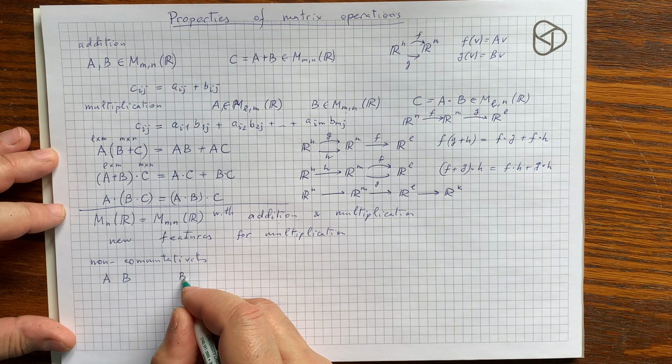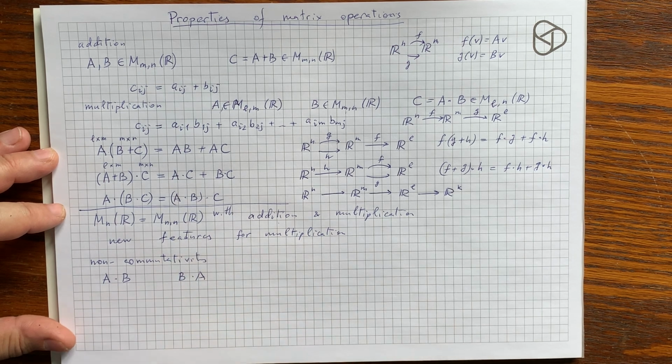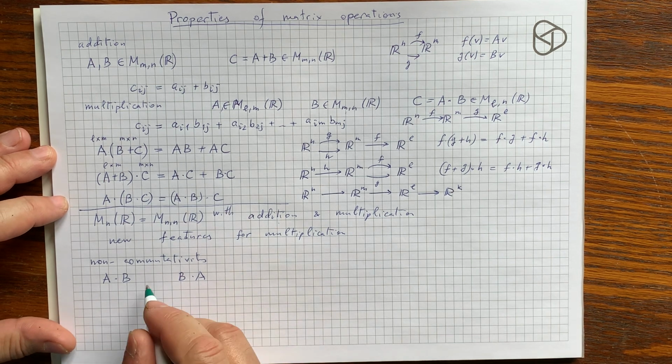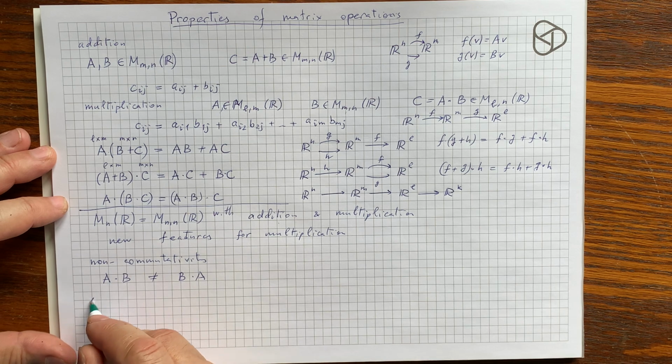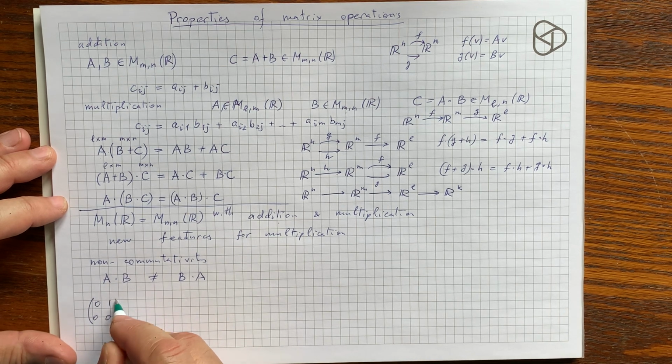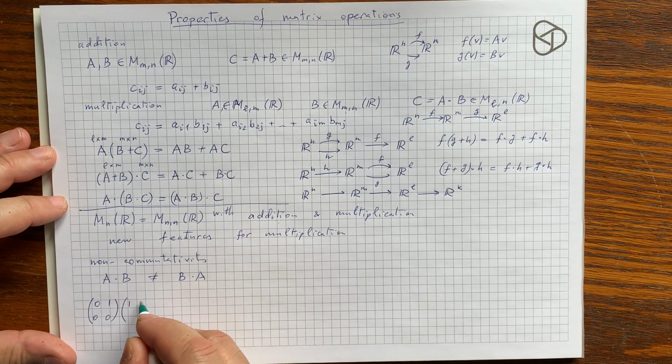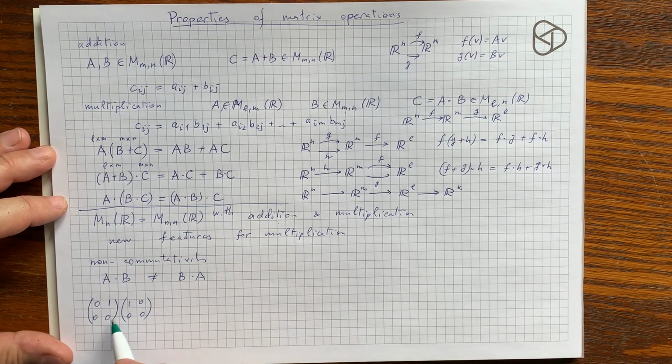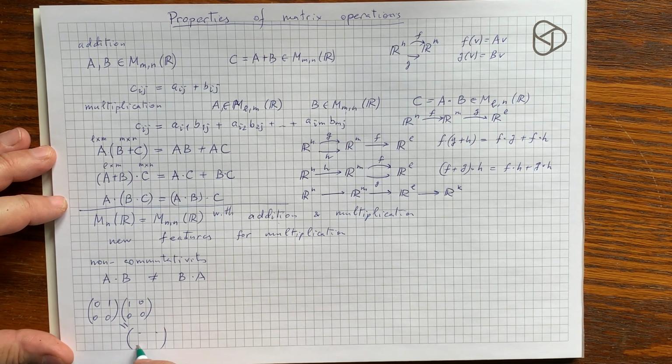say of size 2, and then we can make them such that their products computed in different order will not be the same. So for A, we can take this 2 by 2 matrix, for B this. Then computing this product, the result of course is 2 by 2, so we have to compute 4 entries. The first one is when we take the first row from the first matrix and the first column from the second and align the components and multiply and take the sum.